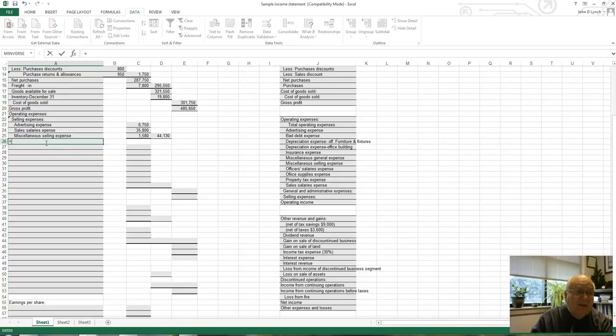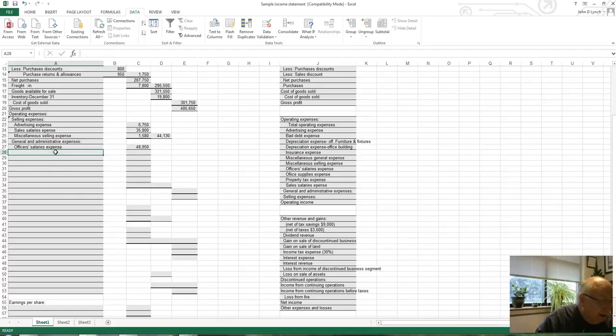The other ones you have after selling expenses is general administrative expenses, and that's the expenses that are basically office related, that don't really involve directly selling the product, but that's not saying they're not necessary. That would be the officer salary expense, for example, and that's for $48,950.